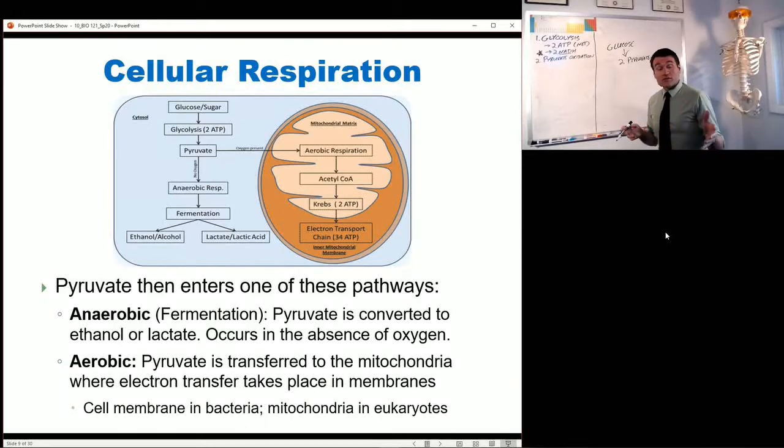After glycolysis is complete, we have two pyruvate molecules. Now, what happens next depends on whether or not there is oxygen. If O2 is present, we enter aerobic respiration.